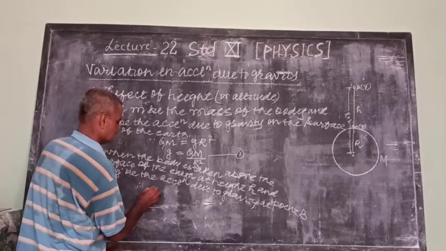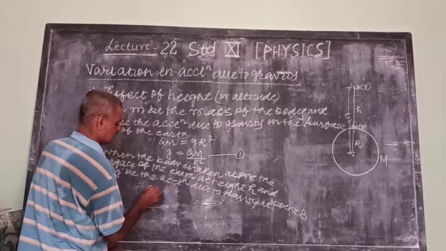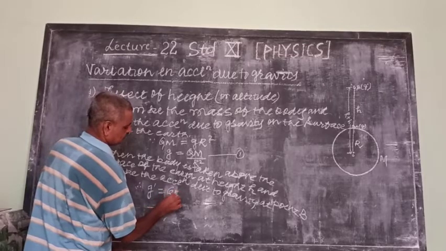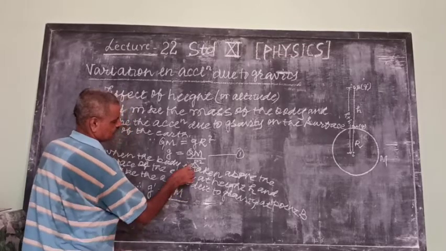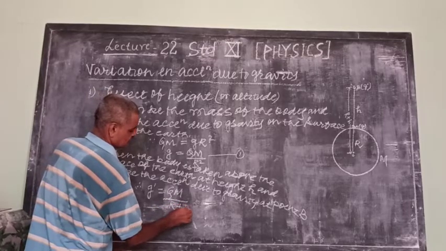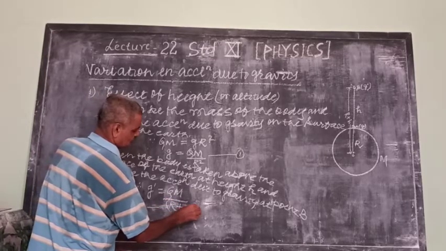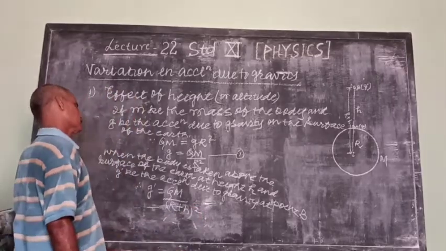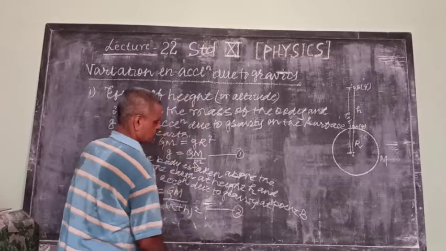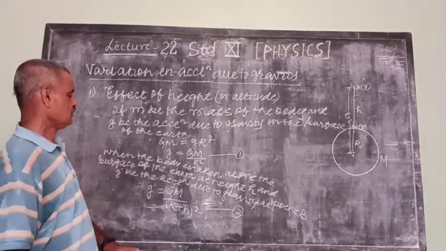So g dash can be written as GM by (r plus h) whole square. This is equation number 2. These are the two equations.